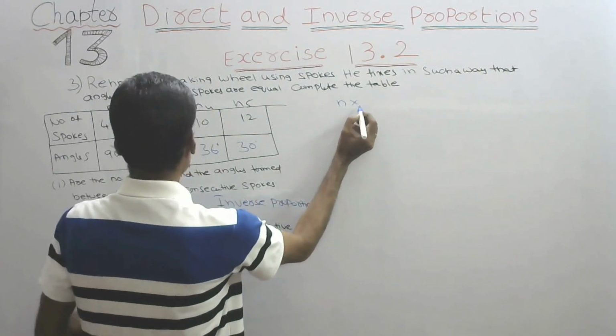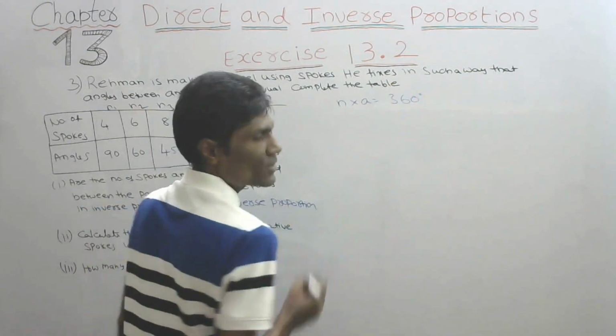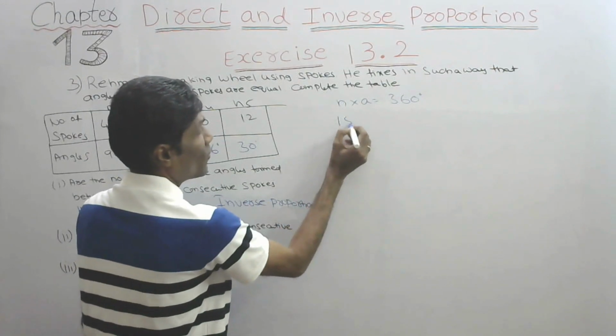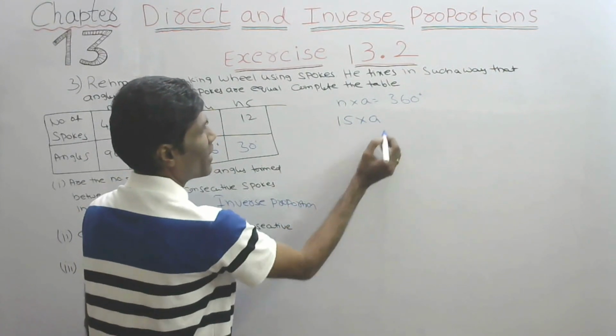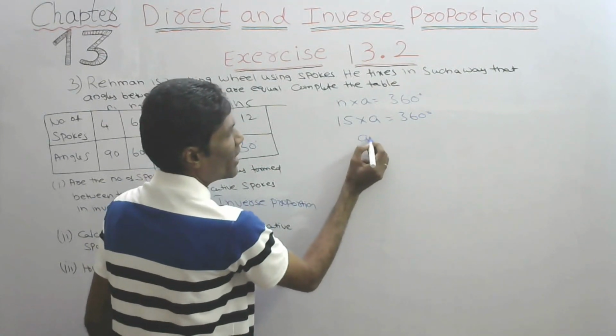We have seen N into A equal to constant, we got it as 360 degrees. Now, he says N equals 15. Now, 15 into some angle equal to 360 degrees. So, what will be the angle?